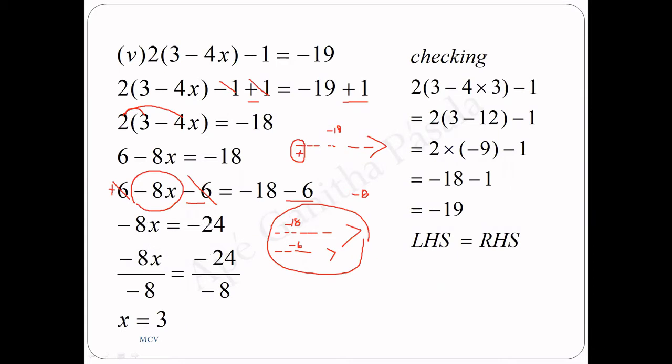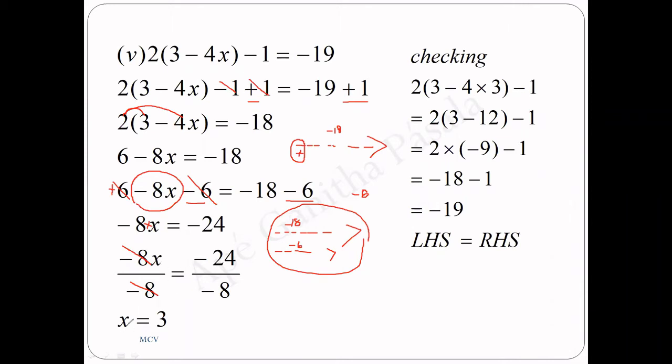Minus 8x equals minus 24. Now we want to remove this minus 8. Minus 8 into x is minus 8x. Here there is a multiplication. To remove the multiplication, you have to divide by minus 8. Divide both sides by minus 8. Now cancel out this minus 8 with this minus 8.